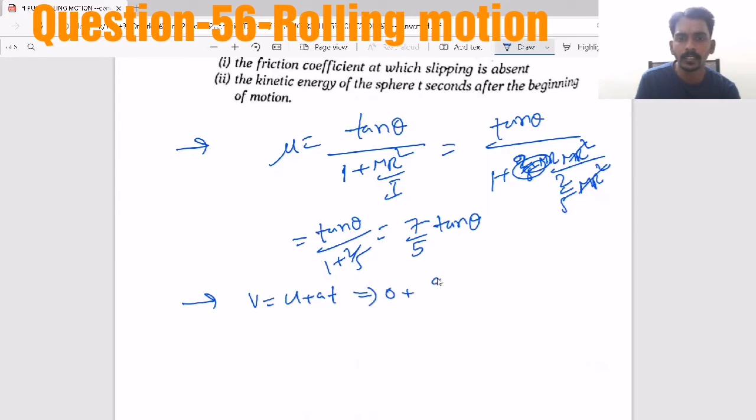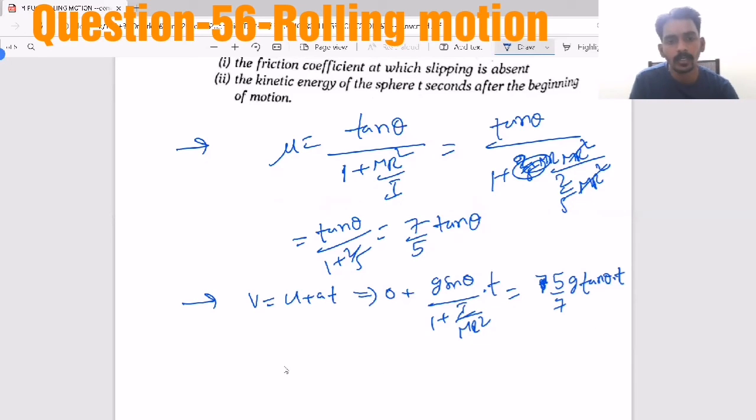U is 0, A is g sin theta by 1 plus I by m r square, times T, after time T. I equal to 2 by 5 m r square, if you substitute, then it will become 5 by 7 g sin theta times T.